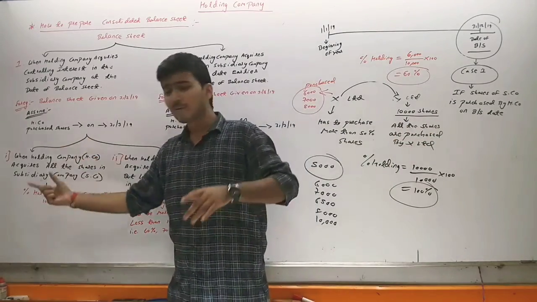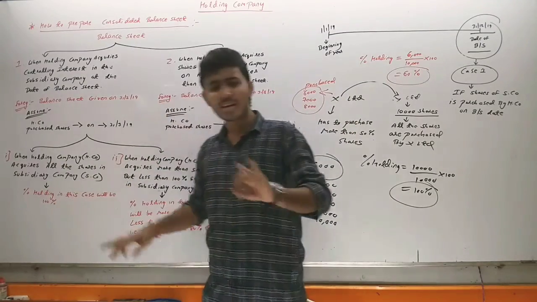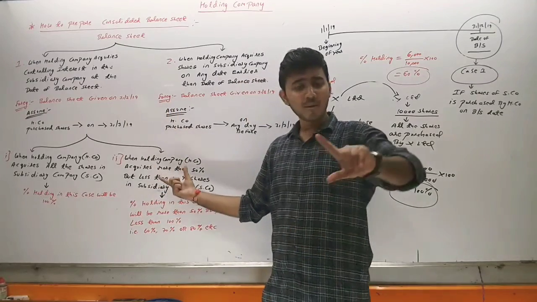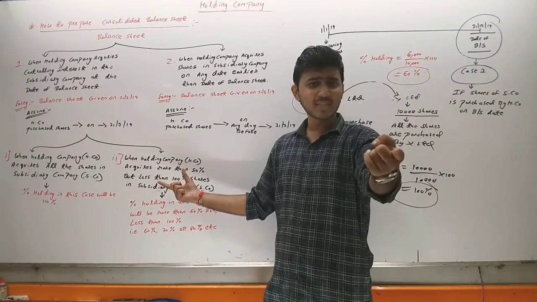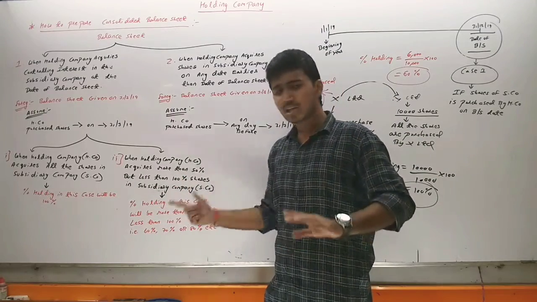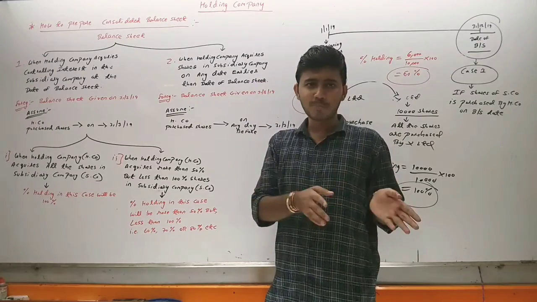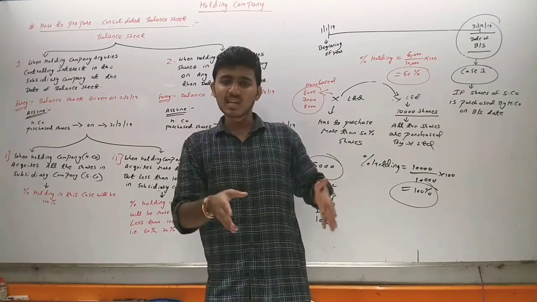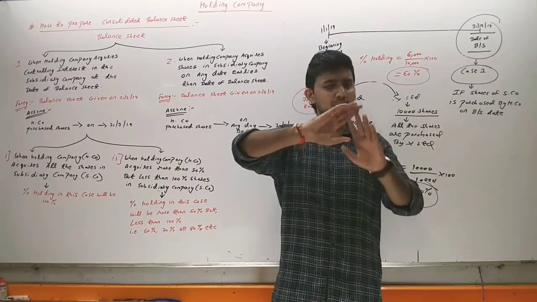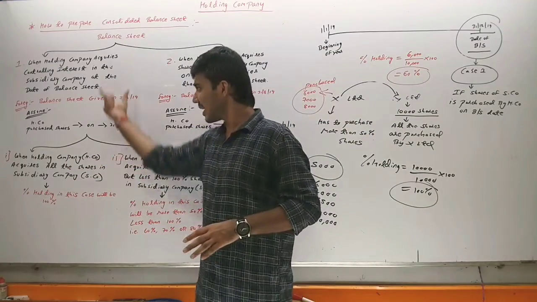If the holding company purchases all the shares of the subsidiary company, then percentage holding will be 100%. And the second part of case number 1 is when the holding company purchases more than 50% but less than 100% of the shares, in that case percentage holding will be more than 50% and less than 100%. Whether it will be 52%, 55%, 65%, 70%, 75%, between 50, meaning above 50, and below 100. So these are two cases in case number 1.